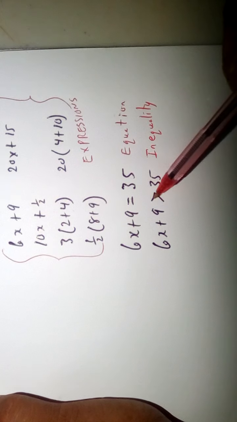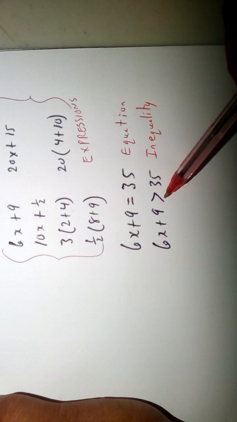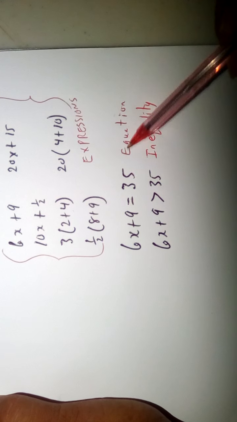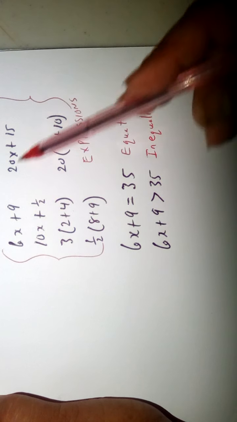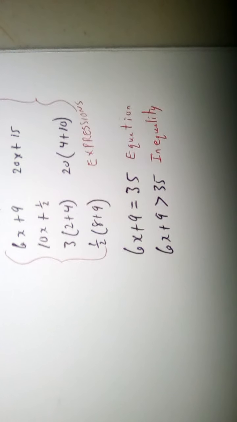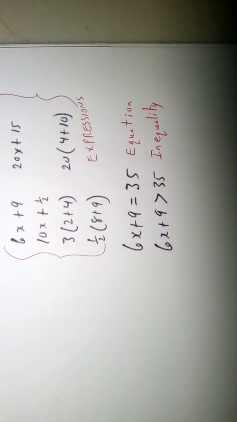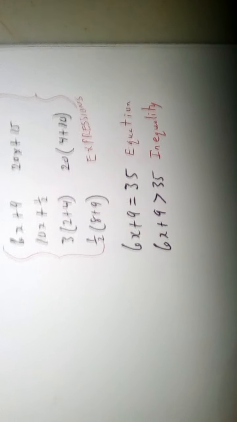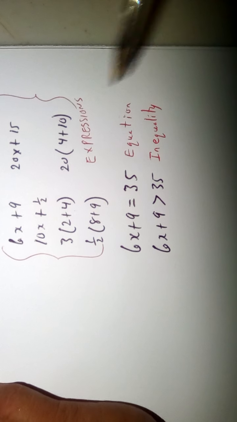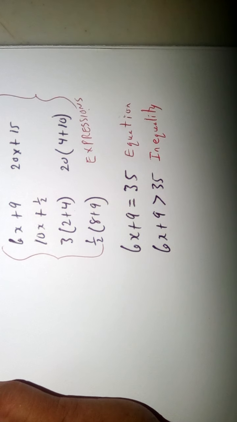As it states here, it is not equal. There's an inequality on both sides. These are just simply expressions. So we are seeing three things there: expressions, equations, and inequalities.